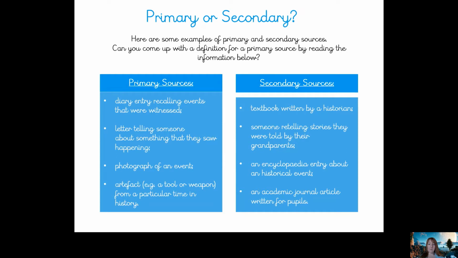So if somebody's learned something and then they've written it down for you to read. An academic journal article written for pupils. What have all those things got in common? Is it primary sources or is it secondary sources that are written or taken from the event itself? And is it primary sources or secondary sources that seem to be written about the event from people that didn't actually witness it?